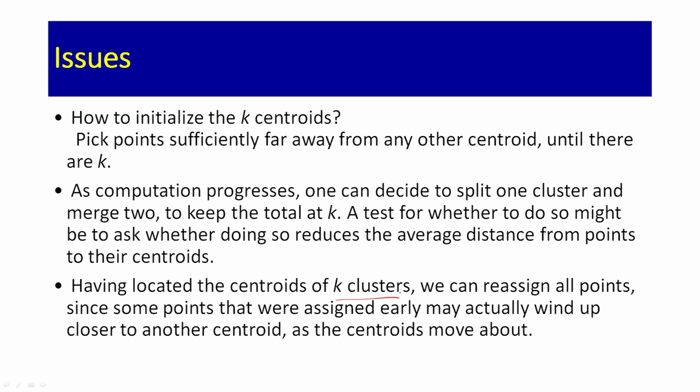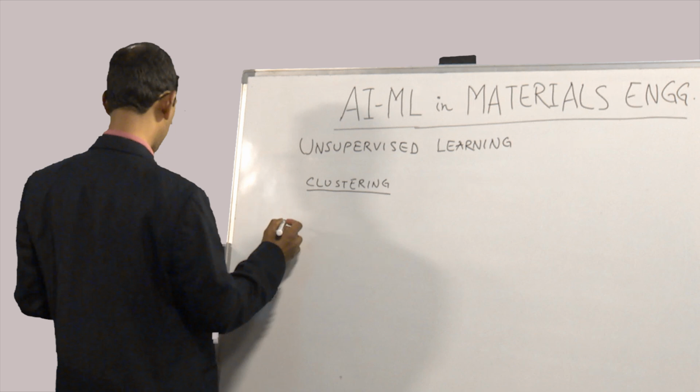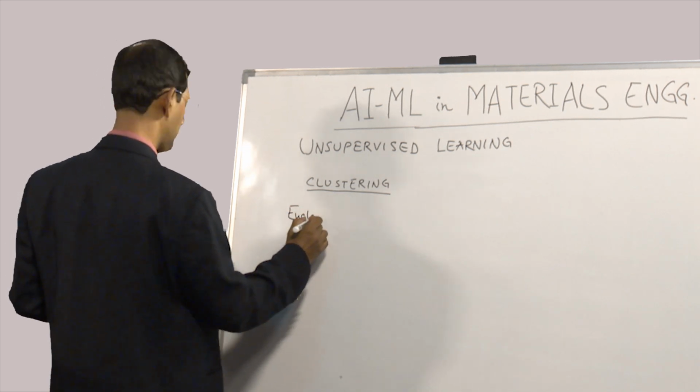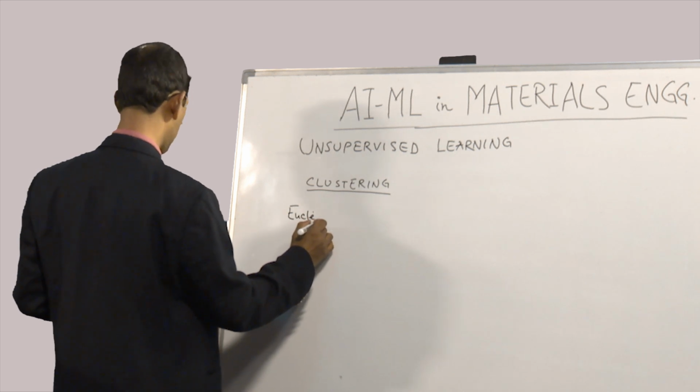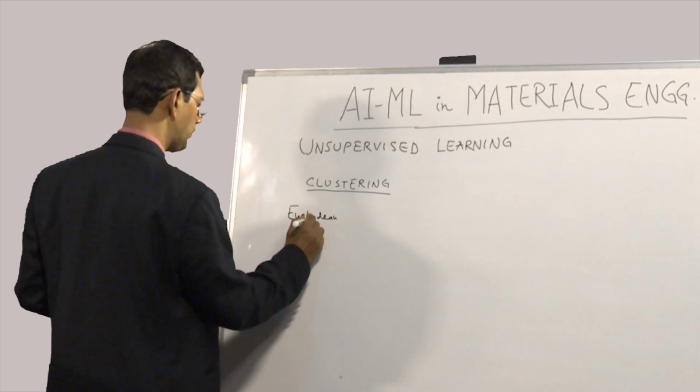So, now I will go back to the board and explain to you mathematically how this K-means clustering works. Upon explaining these aspects, let us do that. Let us assume a Euclidean system. We are assuming a Euclidean distance system.